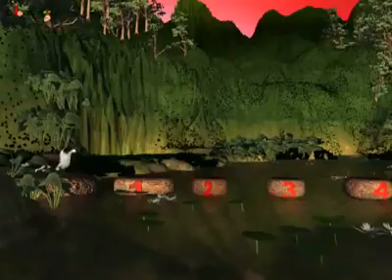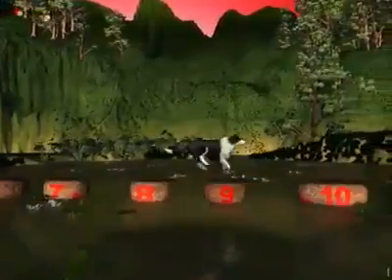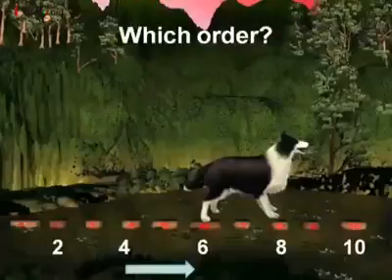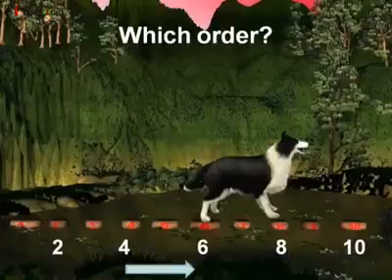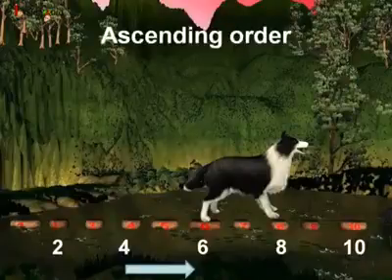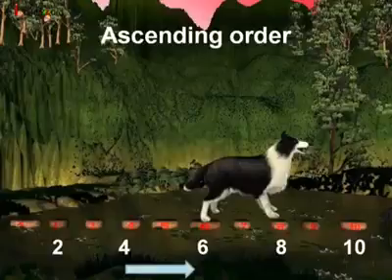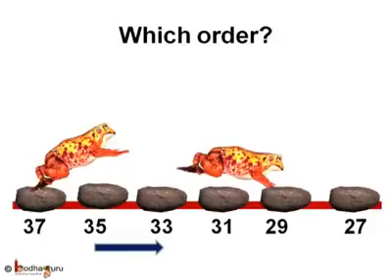If the dog uses 2, 4, 6, 8 and 10 numbered stones to jump, then which order of number is he following? Is it ascending or descending? It is ascending order, as it is going from the smallest number 2 towards the greatest number, that is 10. And what about the frog?